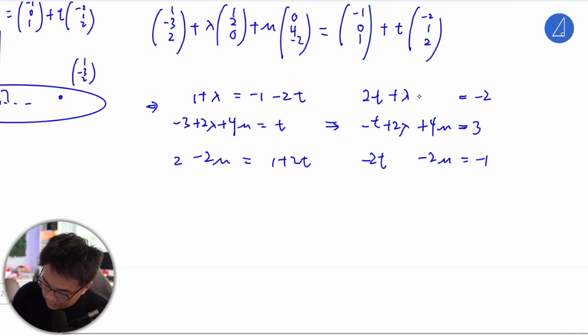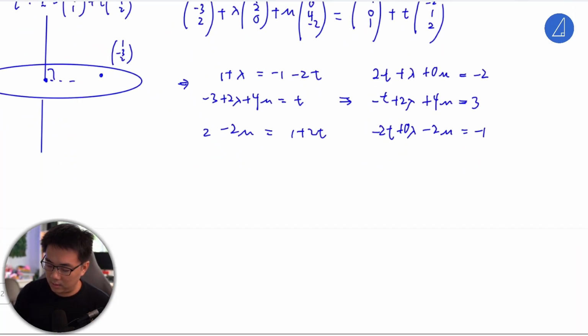Just don't forget there's a 0 here and a 0 here. Key in the calculator from the GC.